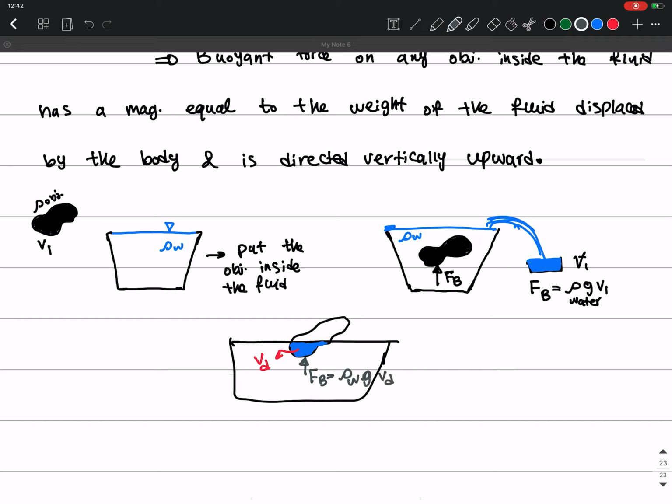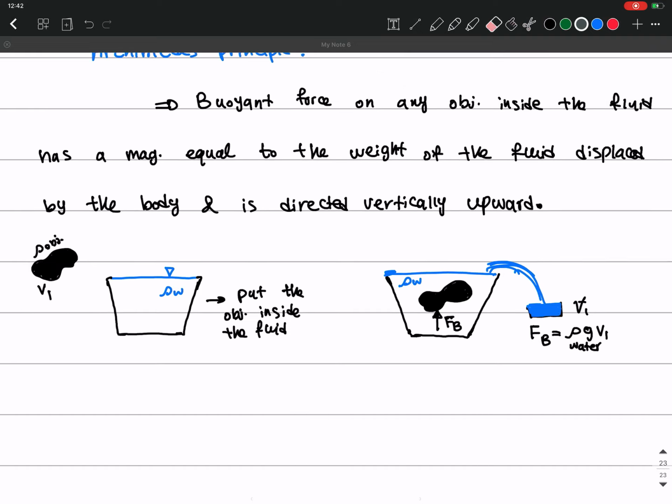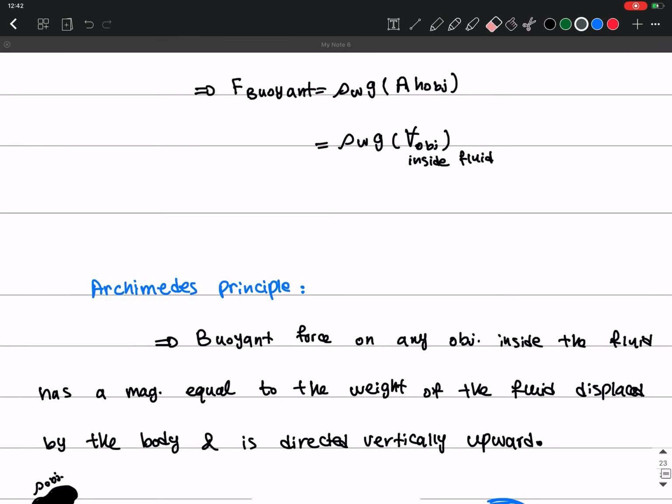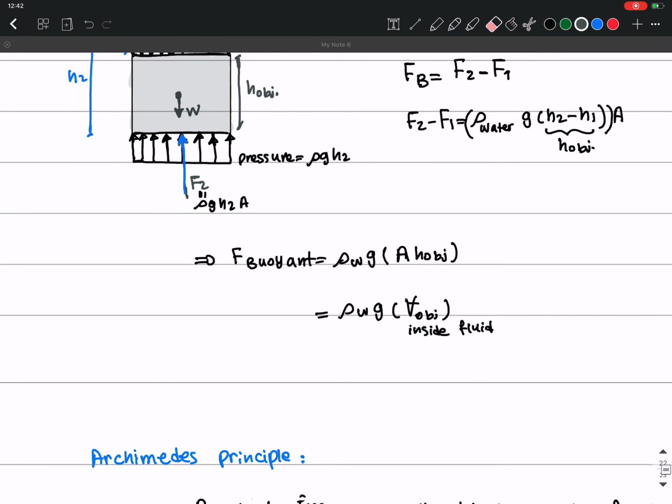This is the amount of displaced water and the amount of buoyant force acting on this object.